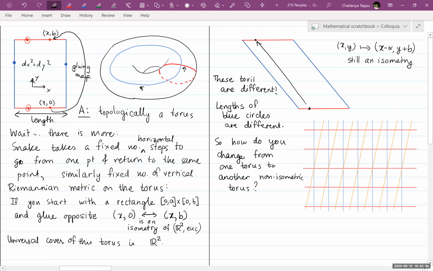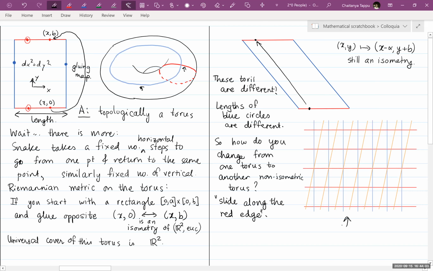And one way of changing this structure would be to slide along the red edge. And that's what I've drawn over here.